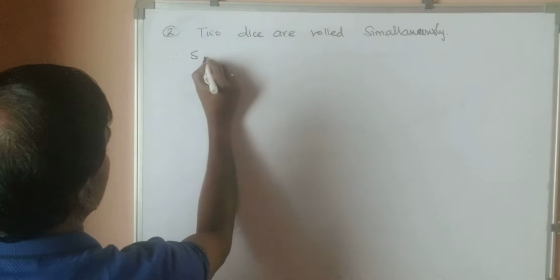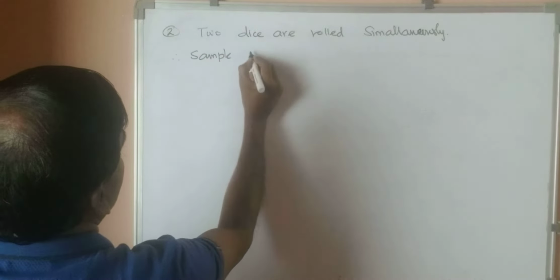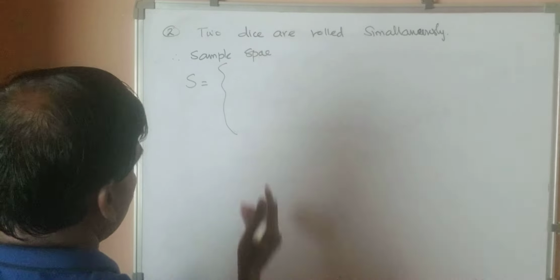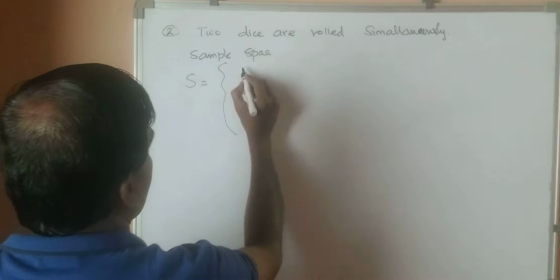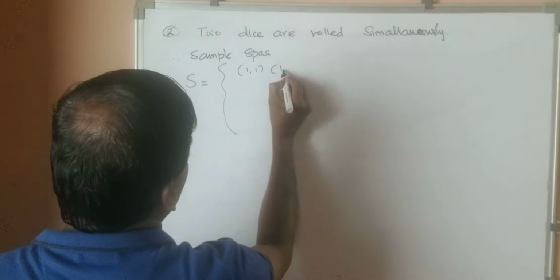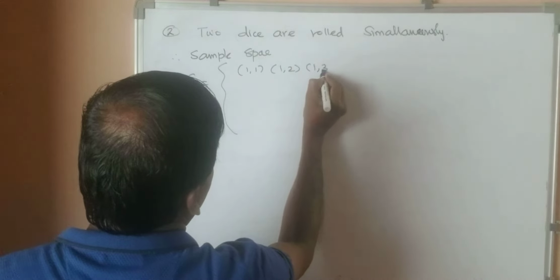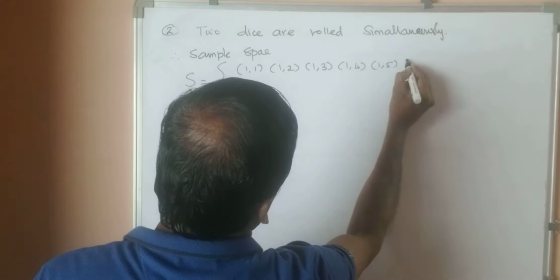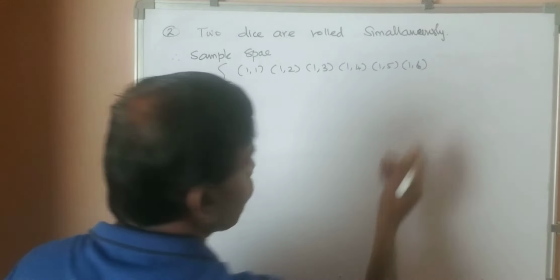Therefore, sample space S equal to, what all you will get? You can tell me (1,1), (1,2), (1,3), (1,4), (1,5), (1,6).